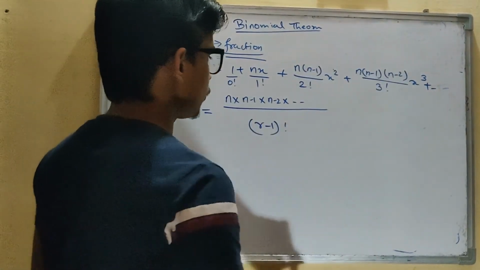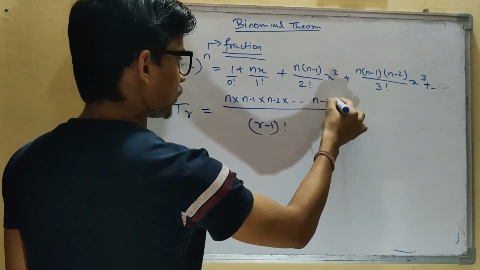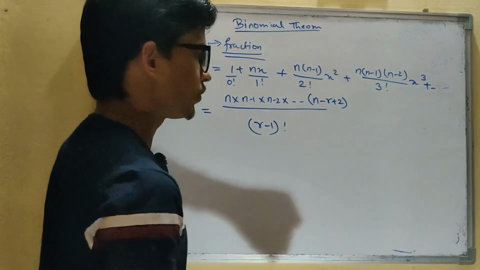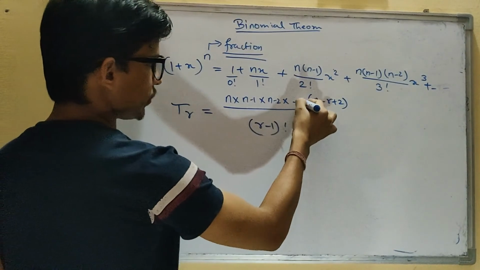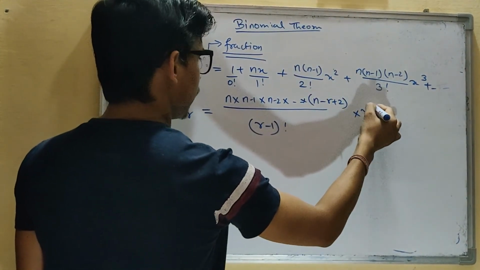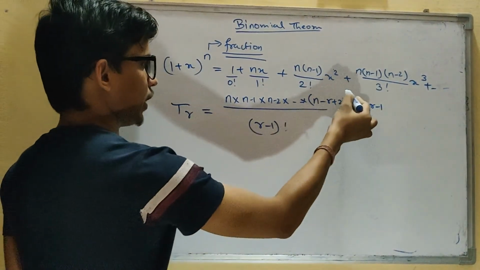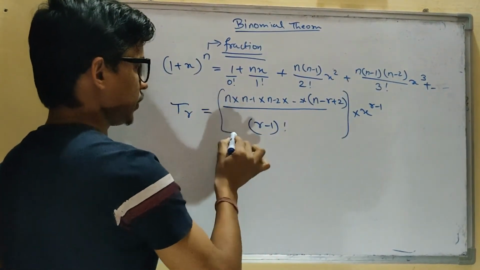So it is (r - 1)!, and the numerator is n(n - 1)(n - 2) and so on, till n - r + 2. All these terms are multiplied, and the power of x is r - 1. This is how the nth term will look.